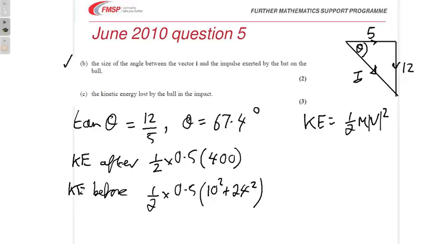So the KE after, KE before, we've got to take the difference. They tell us there's a loss, so we do KE before minus KE after.